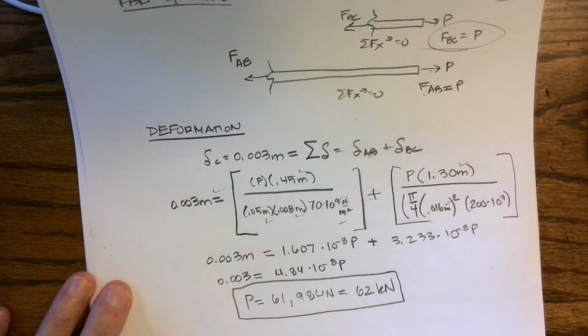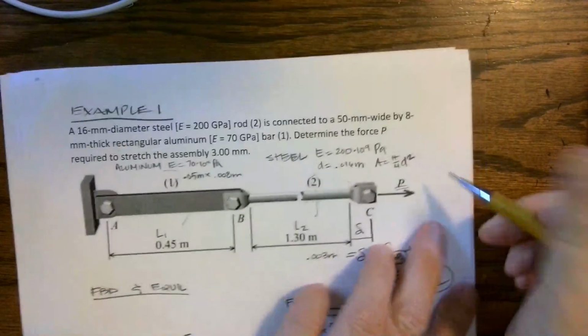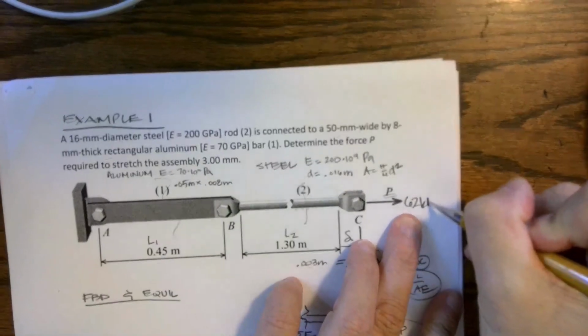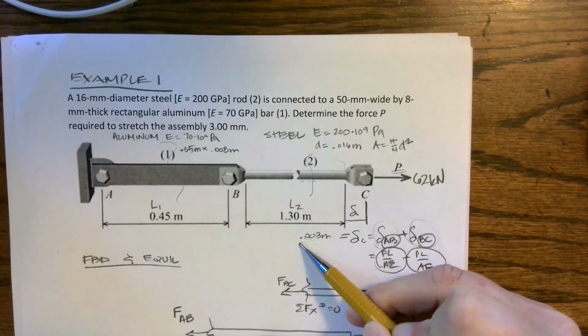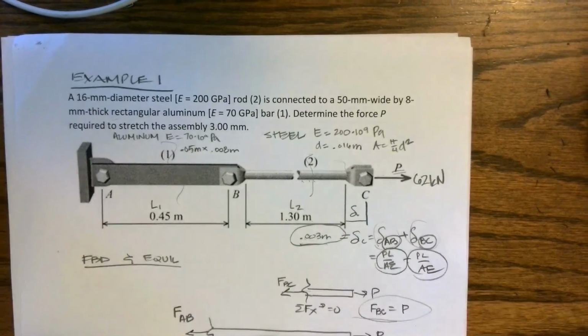That would be the force P applied to the system that would provide me with a displacement of 3 millimeters, which is 0.003 meters.